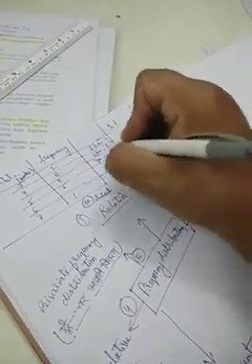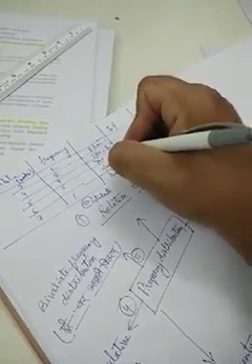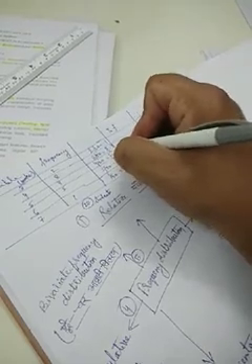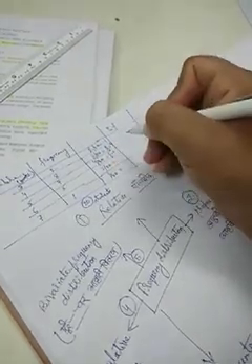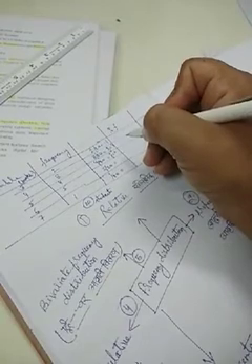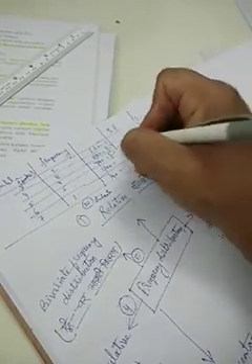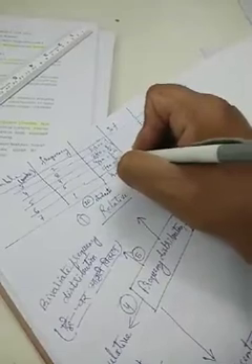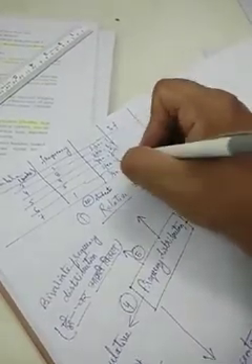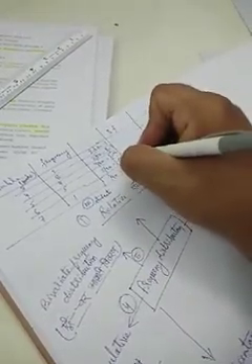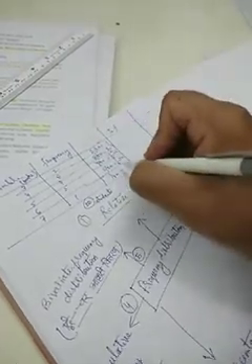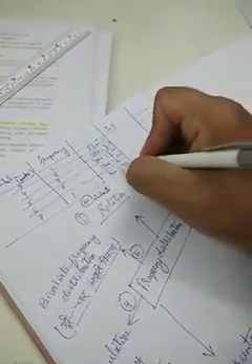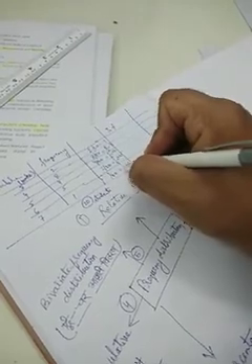Then 4 upon 20 is 1 upon 5, and dividing 1 by 5 we get 0.2. Then 5 upon 20 means 1 upon 4, and 1 upon 4 means 0.25. And 1 upon 20 means 0.05.